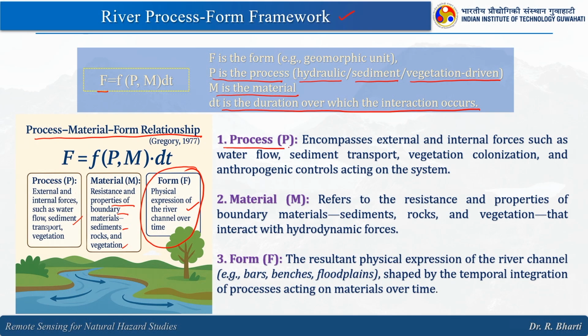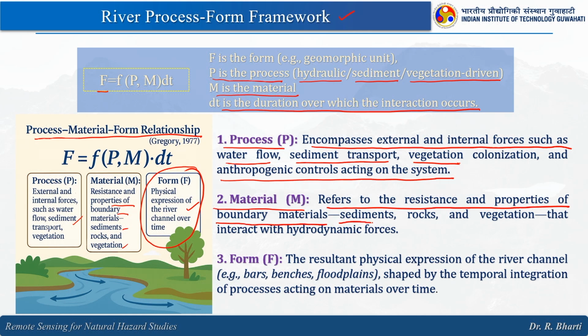The process encompasses external and internal forces such as water flow, sediment transport, vegetation colonization, and anthropogenic control acting on the system, where M is basically the material. It refers to the resistance and properties of boundaries material, sediments, rock and vegetation that interact with hydrodynamic forces.